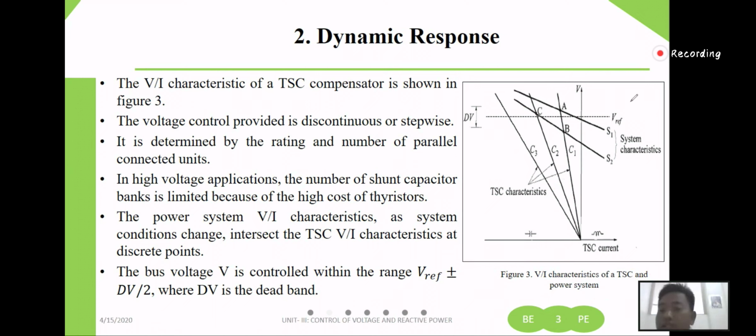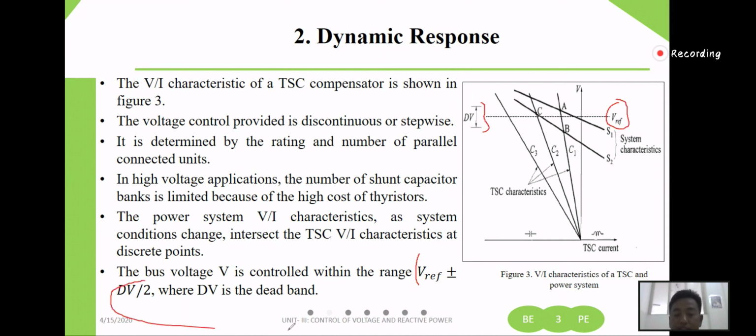Let's say this dotted line is the reference voltage, and this is the dead band, which means acceptable voltage within this range, which means 400 plus or minus 10% is the acceptable range. Like this we call it a dead band, and generally this bus voltage will be controlled within the range. It will be given like this.